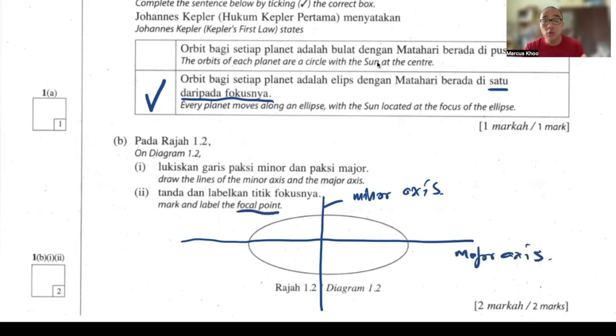There are actually two focal points. Usually what I will do is, from the point in the center over here, I will take a halfway point, and the other one is the halfway point. I will label these two as my focal points.